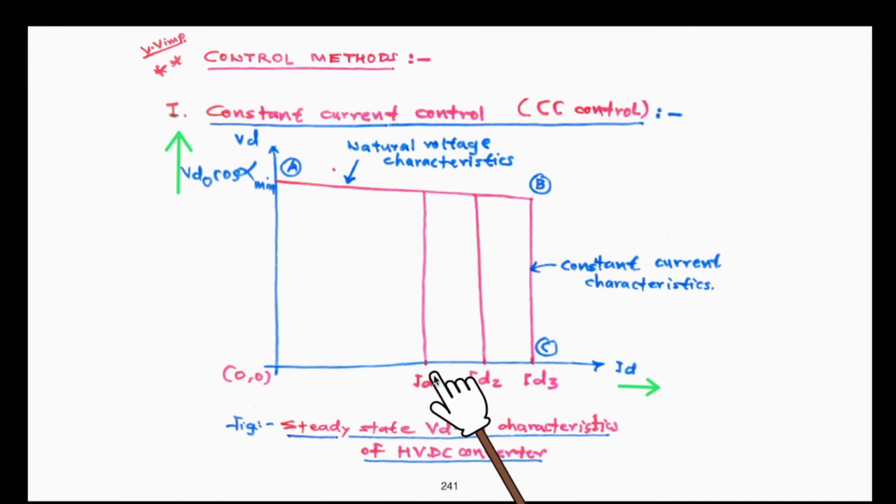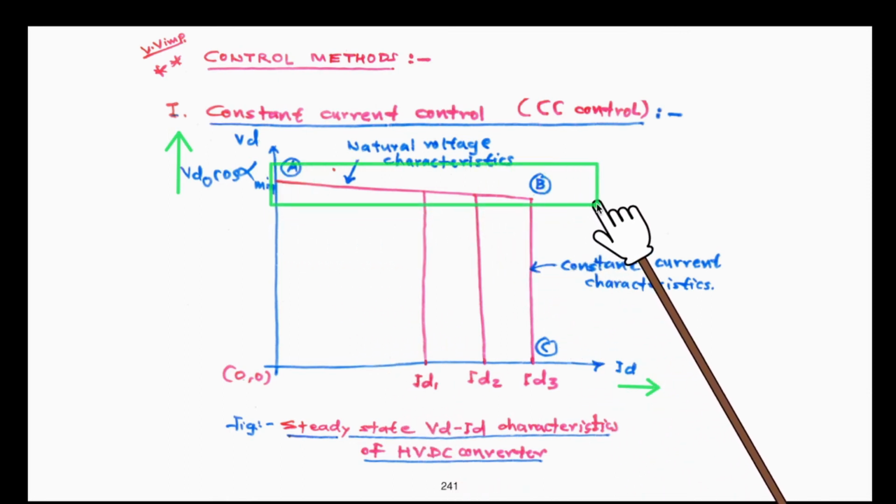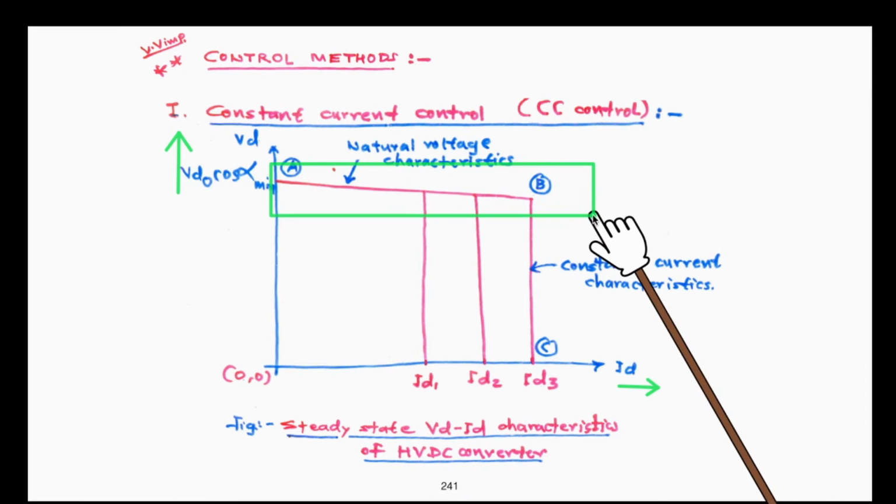So these two things are plotted. If you remember, while comparing EHV-AC with HVDC technology, we drew the voltage profile of an HVDC converter, or you may consider a DC line.